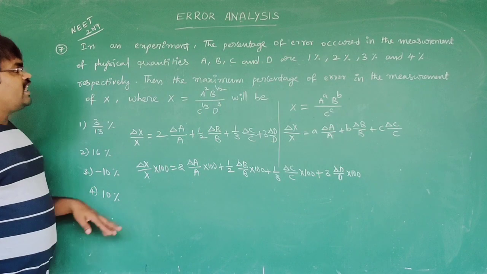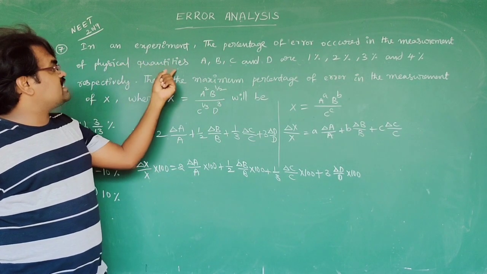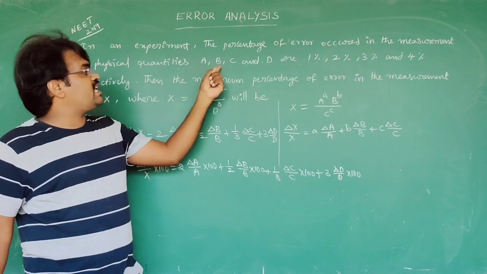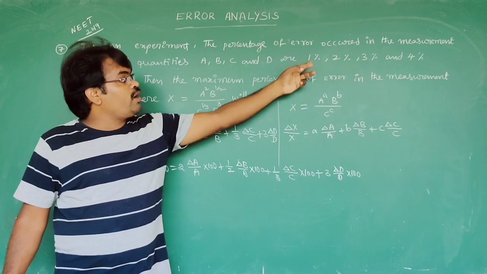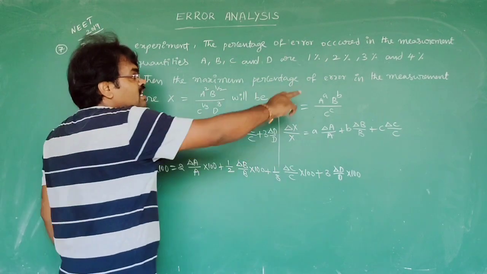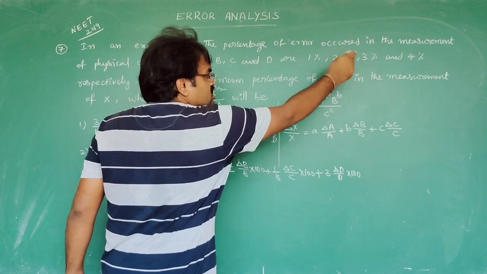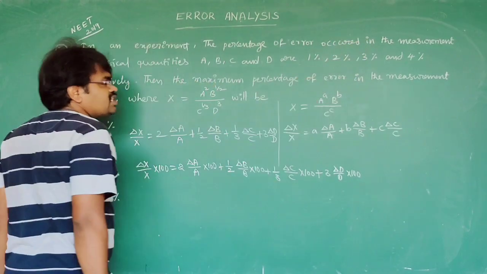Now here they given the percentage error of the physical quantities A, B, C, D are 1%, 2%, 3%, 4%. That means the percentage of error in A is 1, B is 2, C is 3, D is 4.